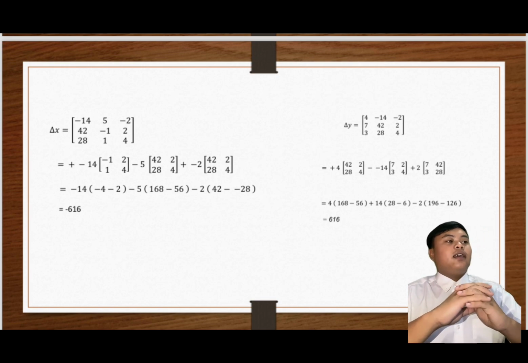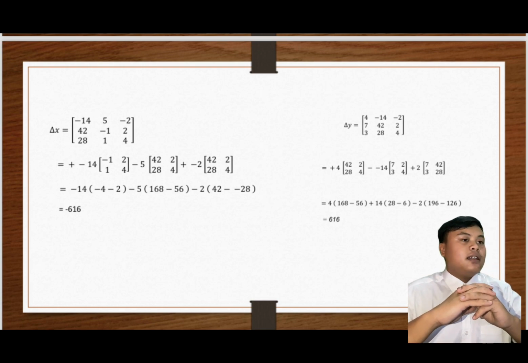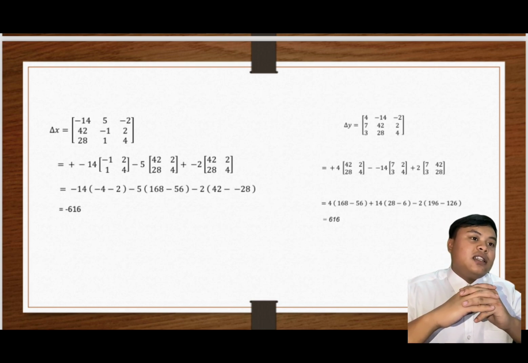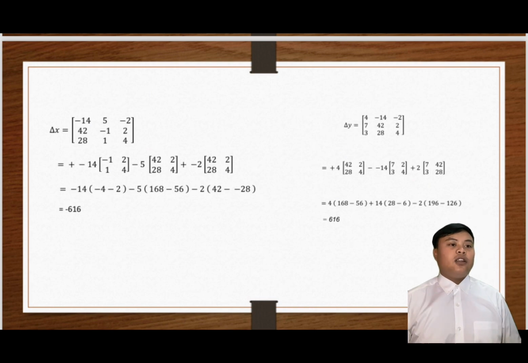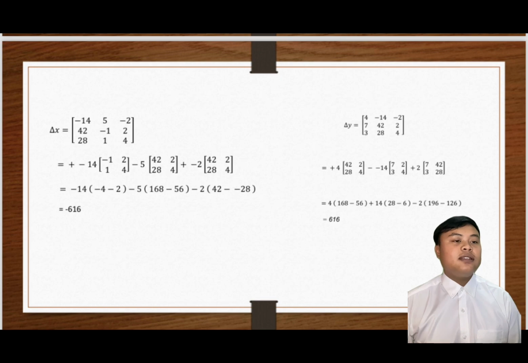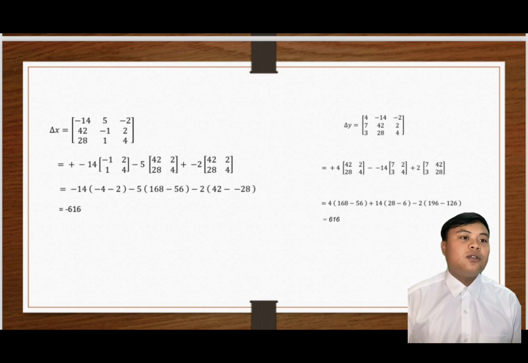And lastly, delta y in matrix form. The first column is 4, 7, 3, the second column is negative 14, 42, 28, and the third column is negative 2, 2, and 4.